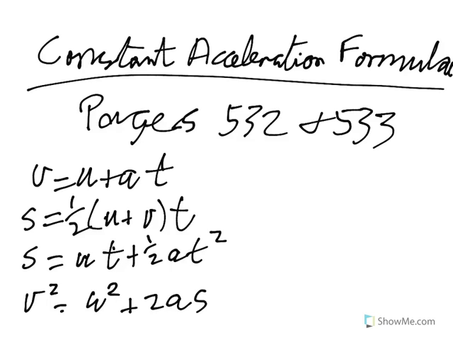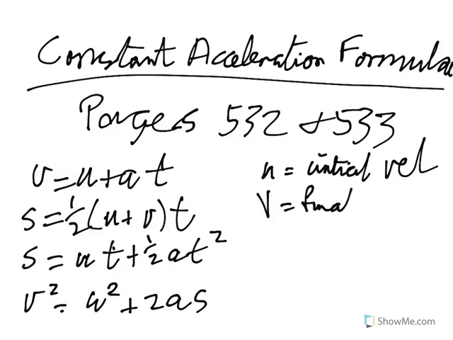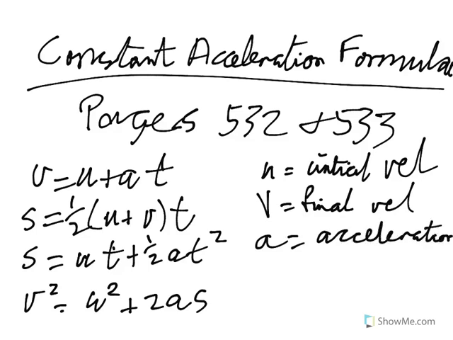There's a few different variables: u is initial velocity, v is final velocity, a is the acceleration, which will be constant, that's why it's called constant acceleration, t is time, and s is displacement.